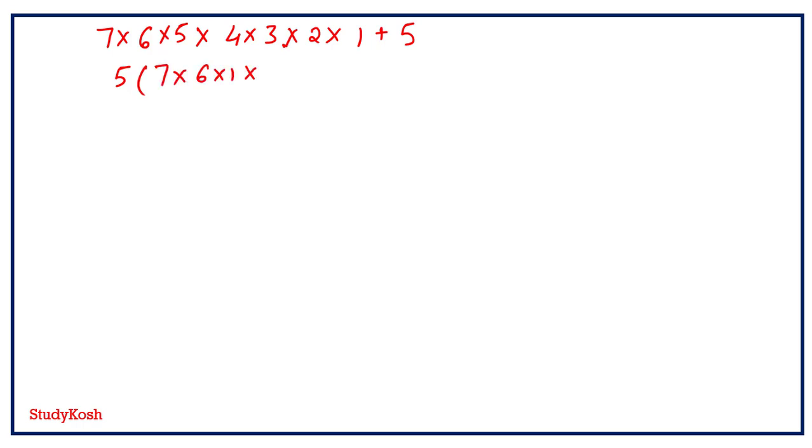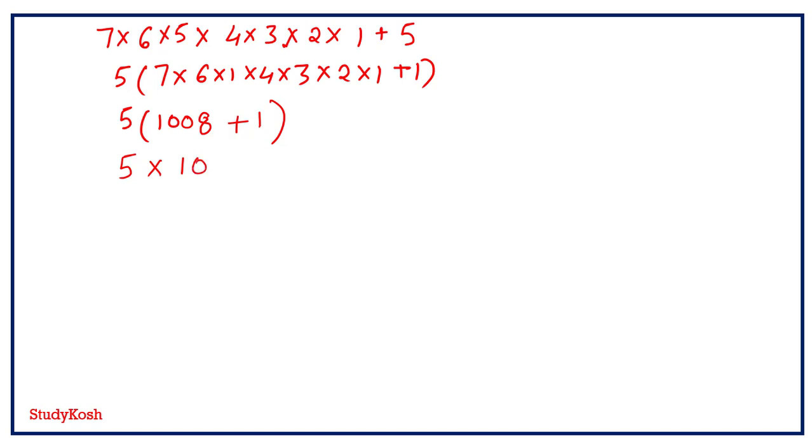The other equation is, now here what is the common factor? It's 5. Now solving the bracket first of all, we'll get 1008 and plus 1, which would be 1009.